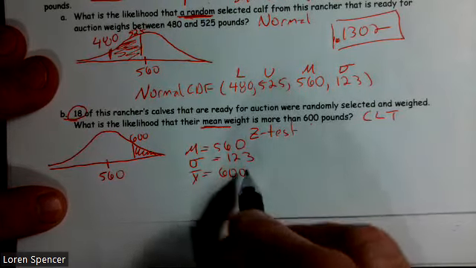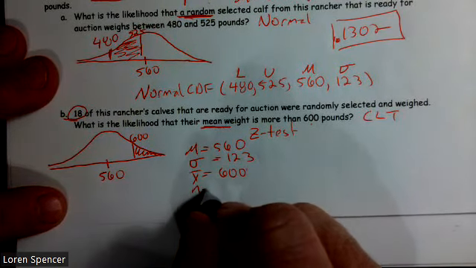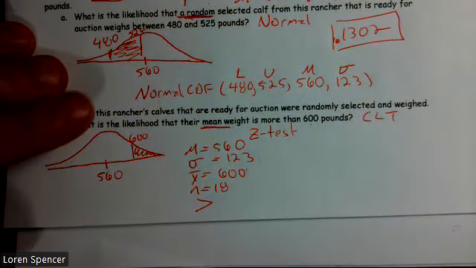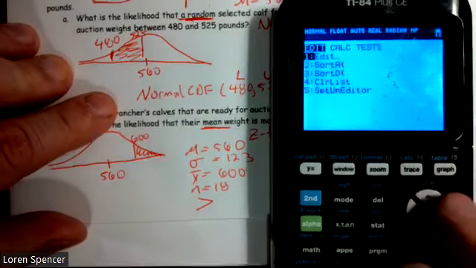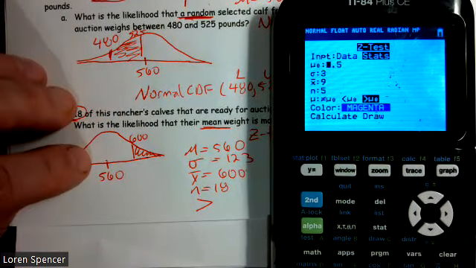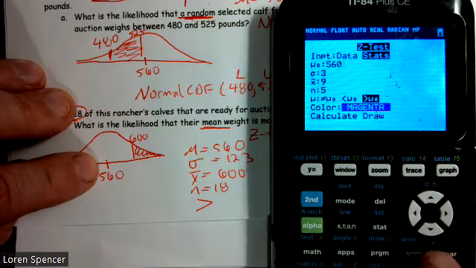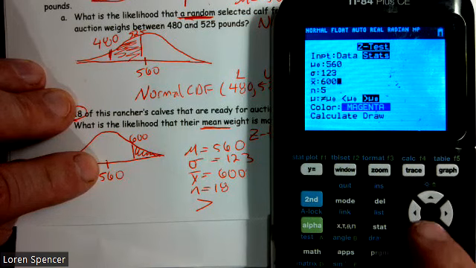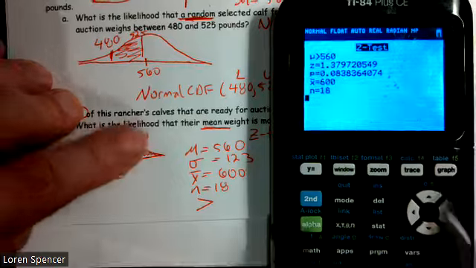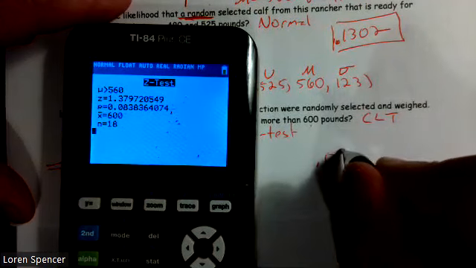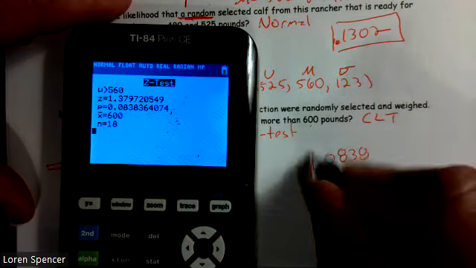What's the probability of having a group of 18 that weigh 600 or more? Our sample size is 18, and we are shading off to the right. So stat, test, z-test, mean 560, standard deviation 123, X bar 600, sample size 18. And we find out that it's about an 8% chance. So 0.0838.